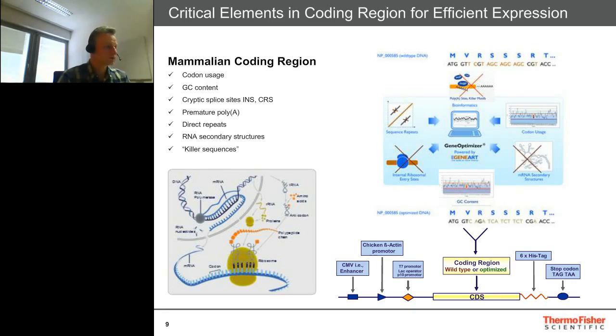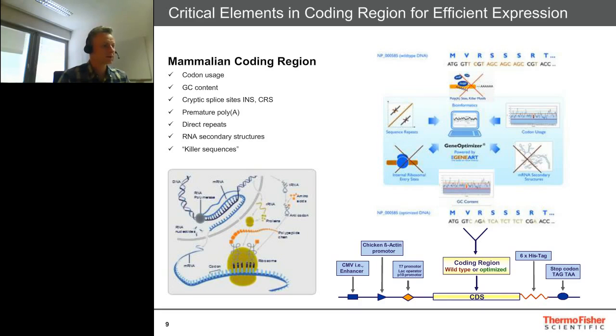So it's very important to optimize the RNA, the transcription, and the RNA stability. Right, this is important. And on the right side here, you can see these different parameters are all implemented in Gene Optimizer, and we are dealing only with the coding sequence. So we are optimizing only the coding sequence.